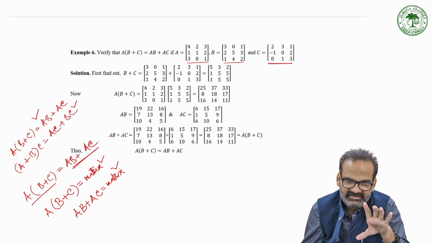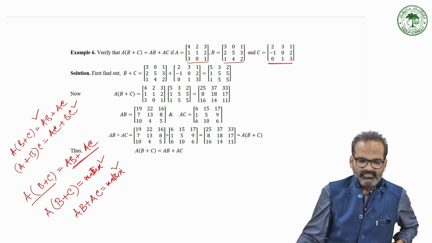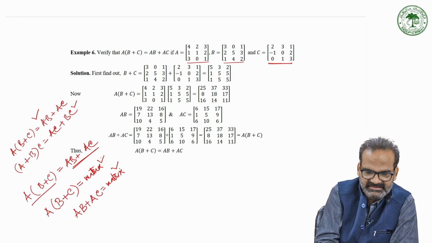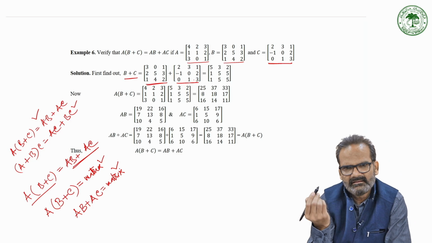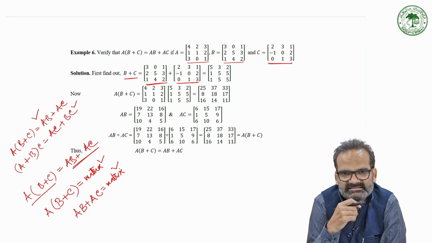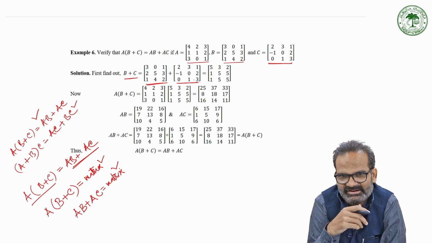The same we have explained here in the example. First we find out B + C, the sum of these two matrices. This is B and this is your C. You know how two matrices are added? They can be added by adding their corresponding elements. Since their orders are the same, we can add up the corresponding elements.